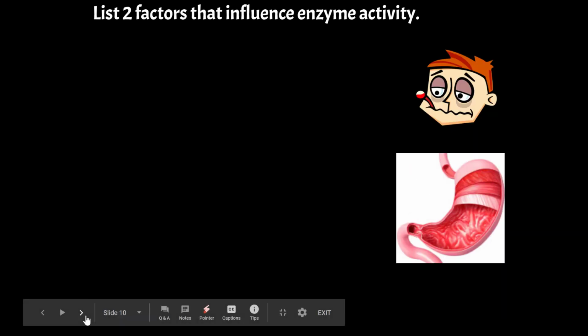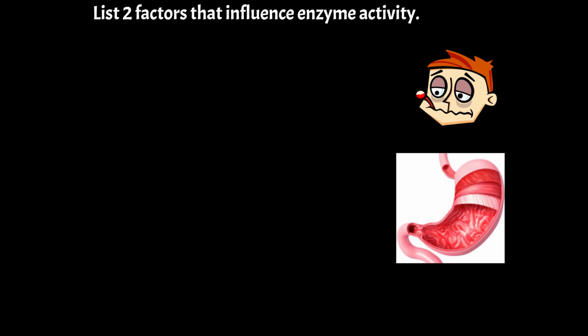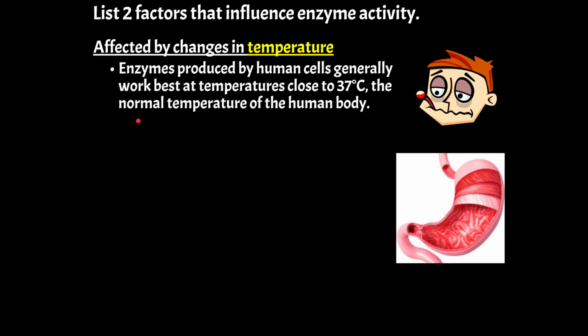the end. Now, enzymes, like any other compound, are sensitive to their structure. So enzymes are made of proteins, and they are affected by changes in temperature. For example, there are certain enzymes in your body that will work best around your body temperature of 37 degrees Celsius.